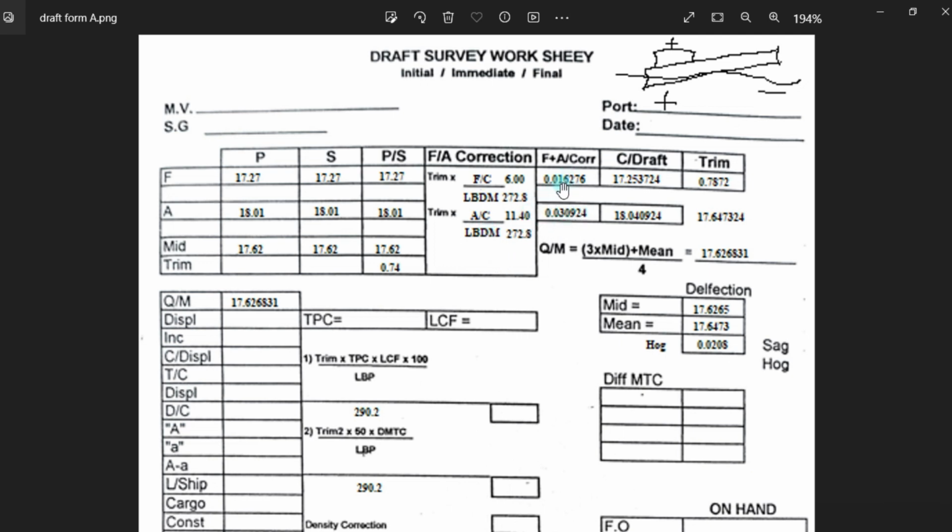So with your forward correction, you deduct it from your forward drop.